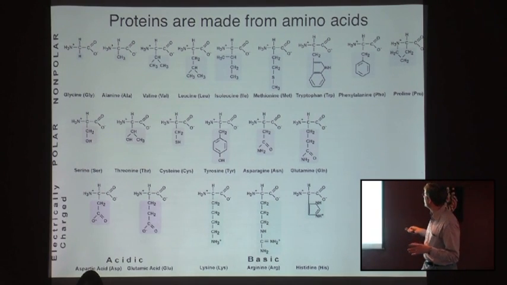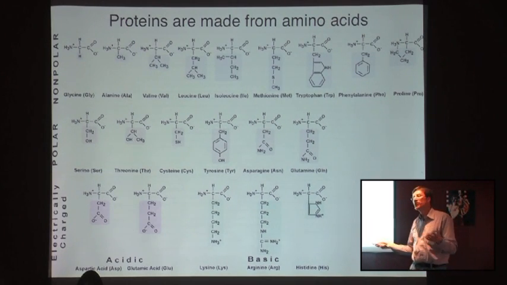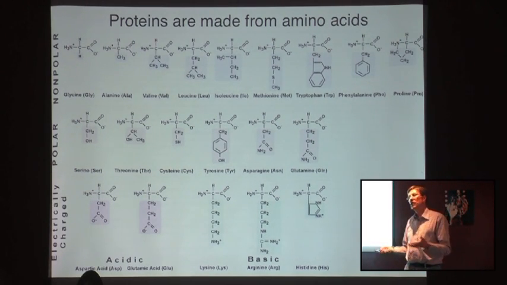But basically, some of them have preferences. For example, alanine is two-thirds of the time found in an alpha helix, but one-third of the time is not.